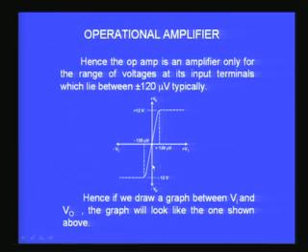The corresponding output will also be AOL into Vin, therefore it will also be negative, therefore it is shown on the bottom direction, which is the negative y direction, and you can see there is a linear relationship between the input and the output till I reach a minimum of minus 120 microvolt. Beyond minus 120 microvolt, you find the operational amplifier output saturates at minus 12 volts. This is what I already explained to you, and therefore the operational amplifier transfer characteristic will look exactly like what I have shown on the screen.